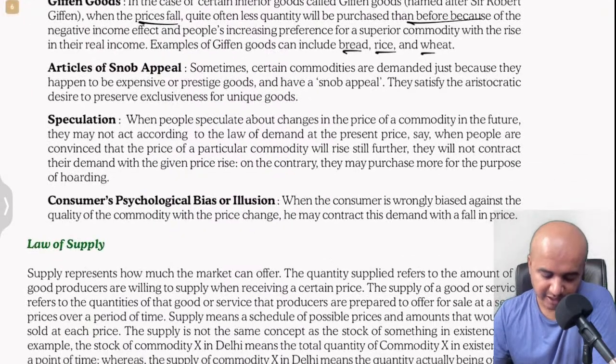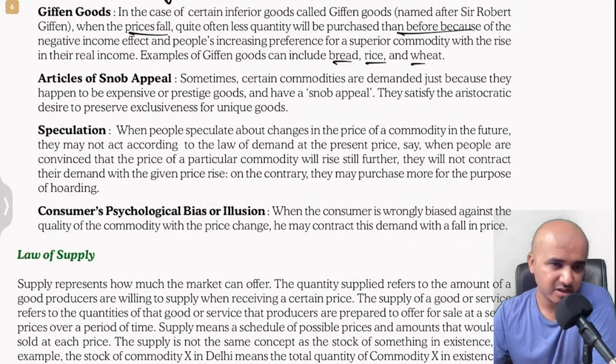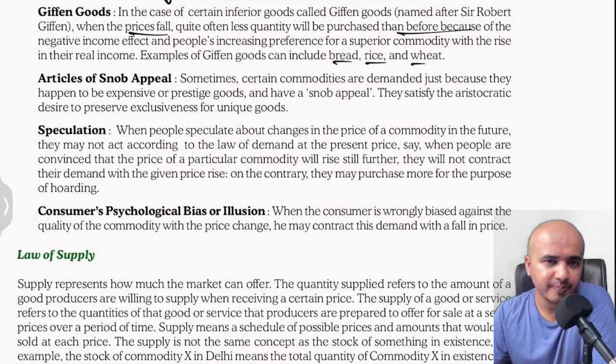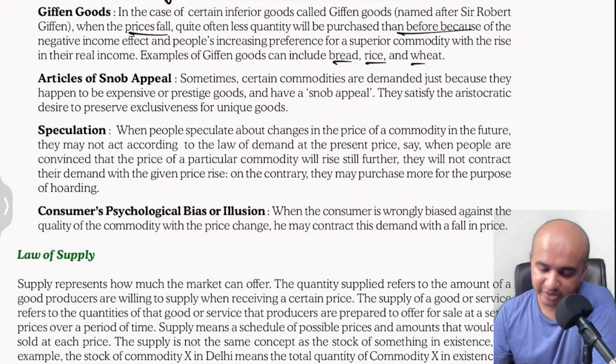Okay. Anyway, let's move on to the second exception, which is articles of snob appeal. What is a snob appeal? Let's read. Sometimes certain commodities are demanded just because they happen to be expensive or prestige goods and have a snob appeal. Okay. What are the words which they use to express this particular thing?